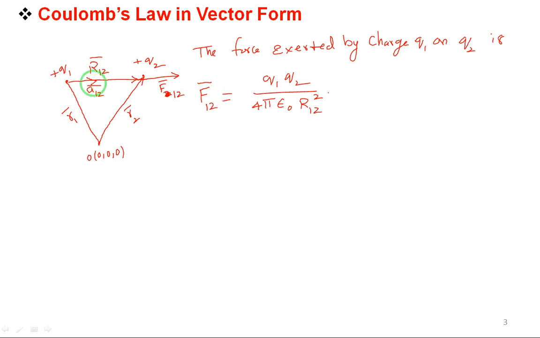In which direction the force is acting, you can take the help of the unit vector a12. So I will write a12, right? So observe here, r12 I have written. How I will get r12 I will tell. r12 is equal to magnitude of r12 vector, right? So if I take the magnitude of r12 vector, you will get the distance between the two charges r12, right? This is the Coulomb's law in vector form.